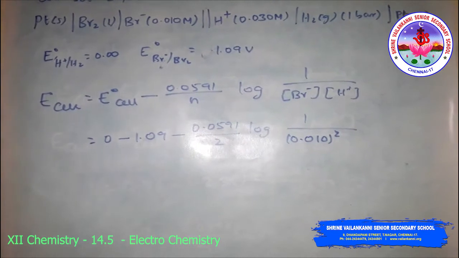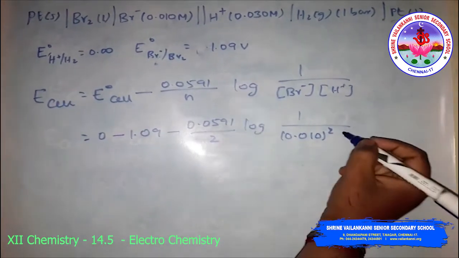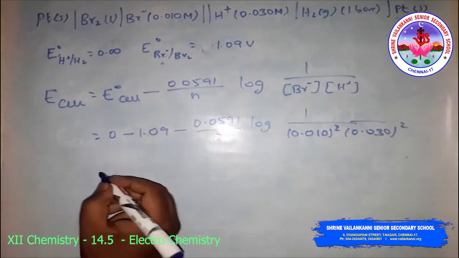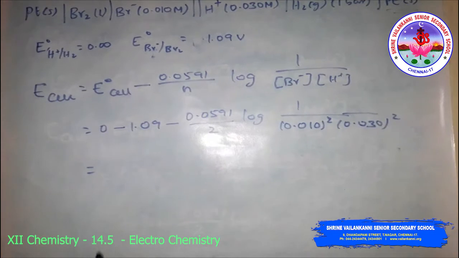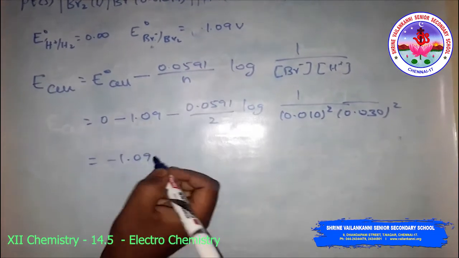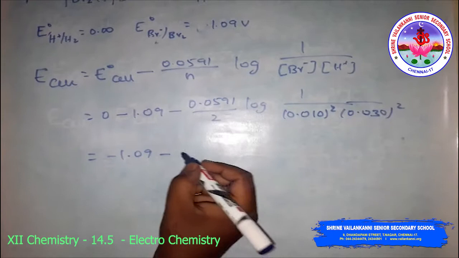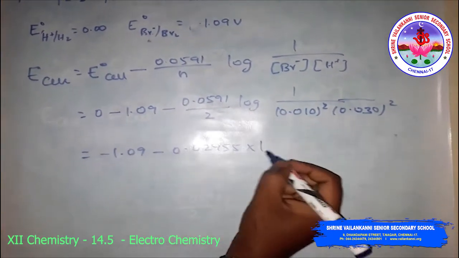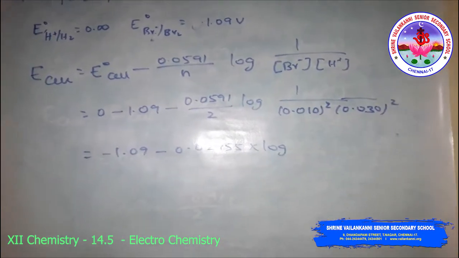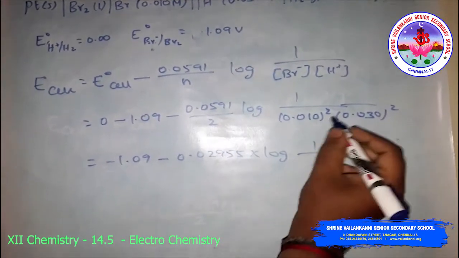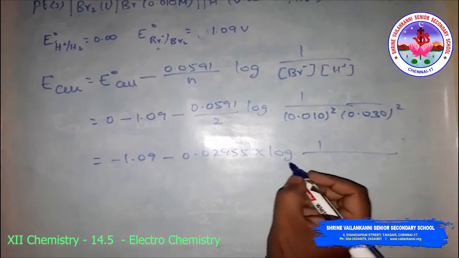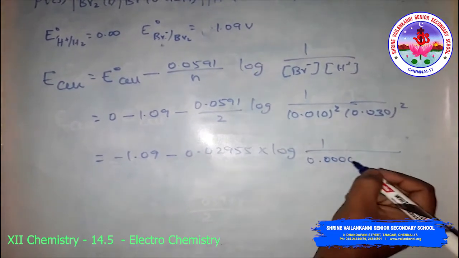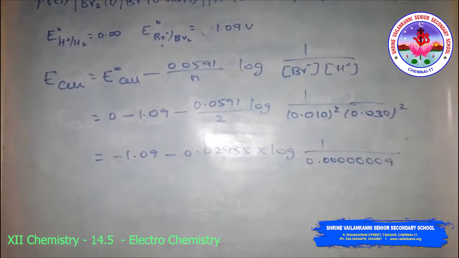Similarly for 2 H plus, 0.030 power 2. After simplifying, you will get minus 1.09 minus 0.02955 into log of 1 divided by 0.000709, right?